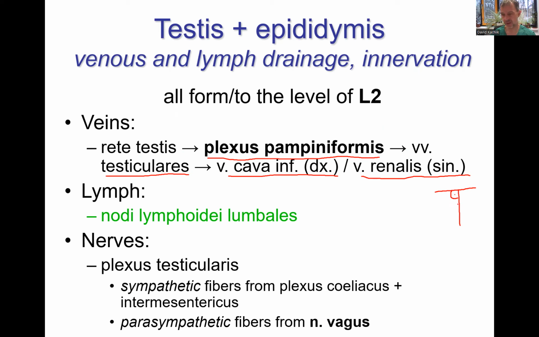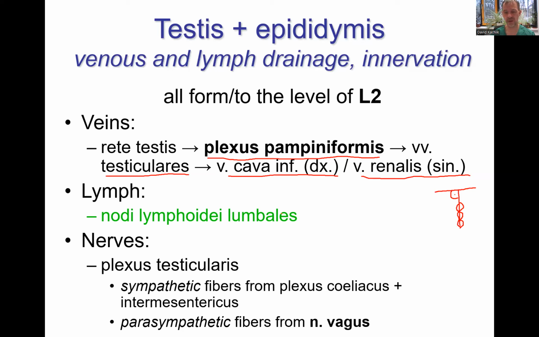So varices can develop here. In 95% it's on the left side, and it's then called varicocele. So varicocele, varices mainly on the left side in males, and it can then also cause a swelling of the left testicle.